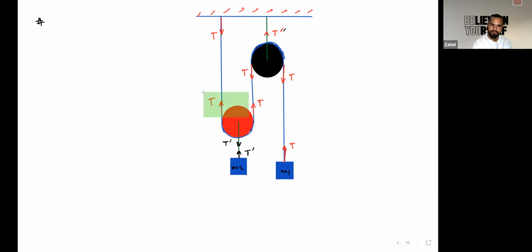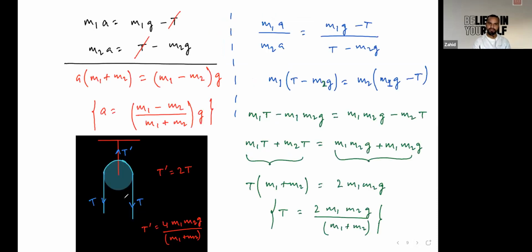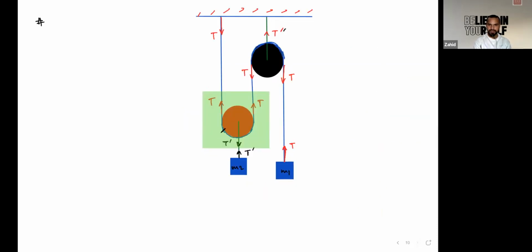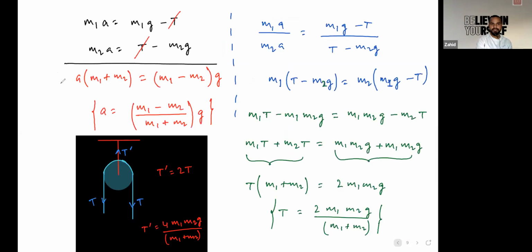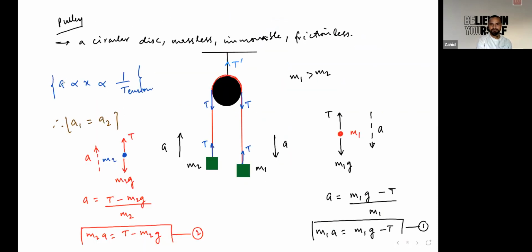So if you see this point, we have a pulley and two tensions in upward direction and one tension in downward direction. So as I have defined you in this part, total upward force and total downward force must be equal. It means T dash should be equals to 2T. But for this block, that is for M1, we have tension as T only. So I have explained you in this part, acceleration is inversely proportional to tension.